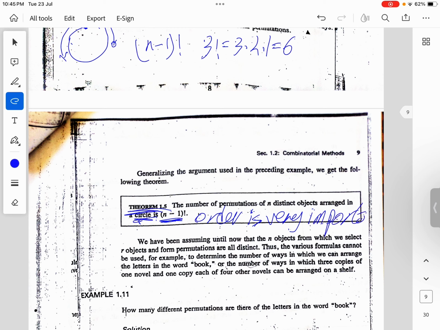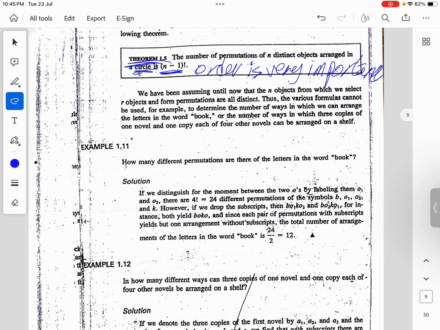Which means you can use permutation only if the order is important. Otherwise, we will use another thing which is called combination.